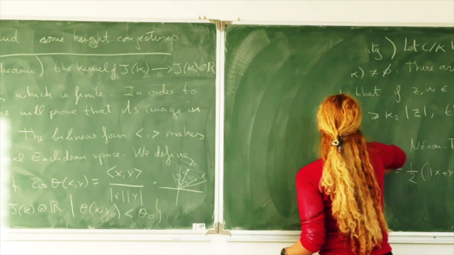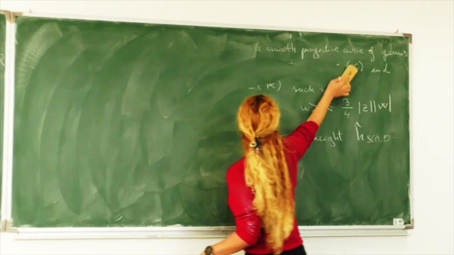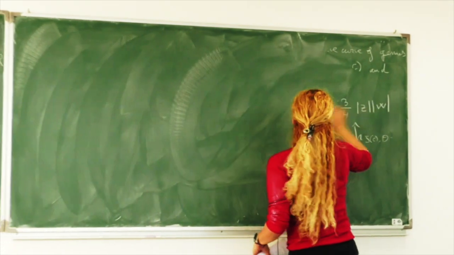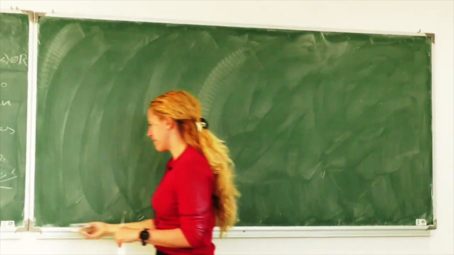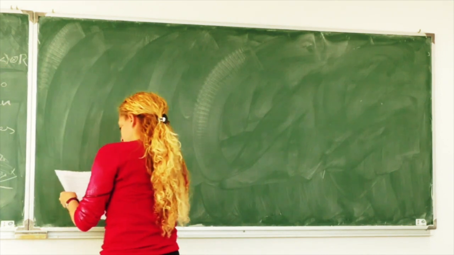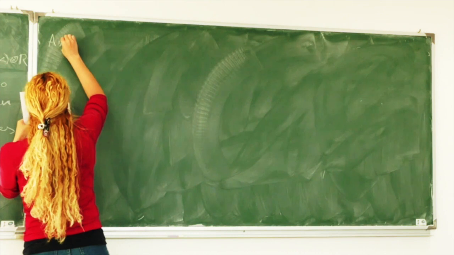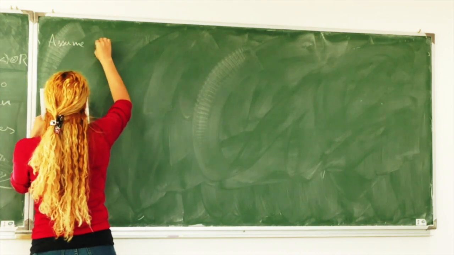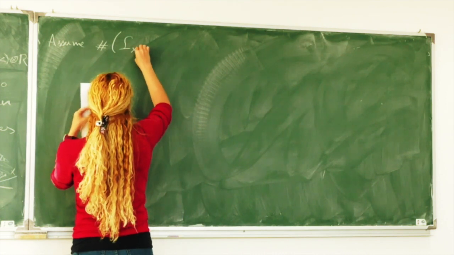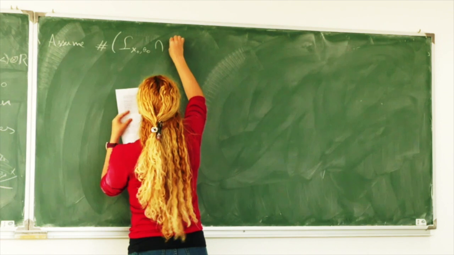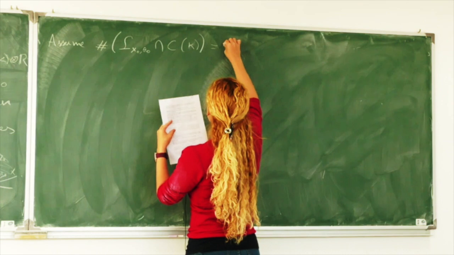So let's see how we can use Bogomolov's inequality with this. Assume that the cardinality of such a cone with the rational points on K is equal to infinity.